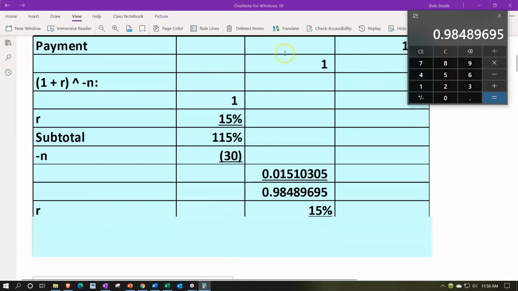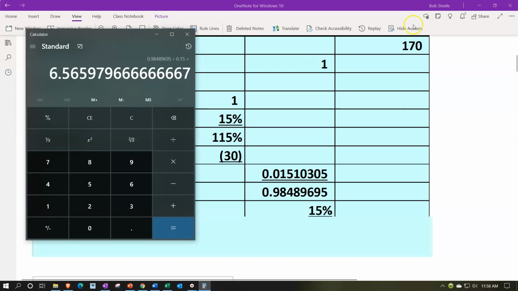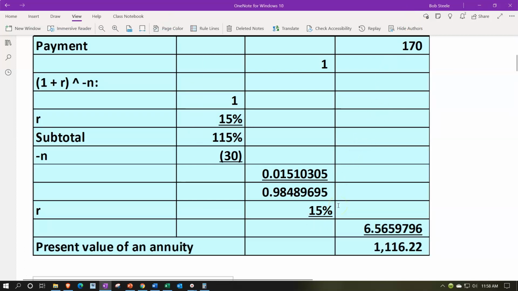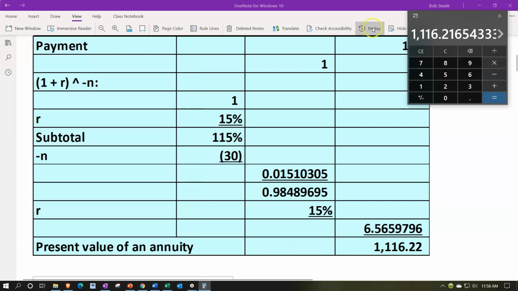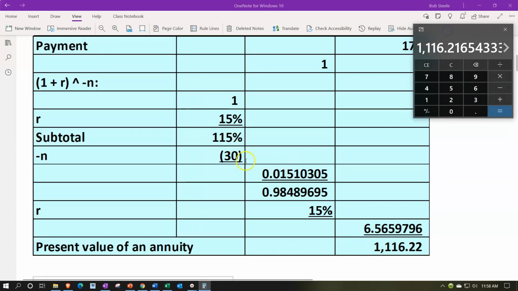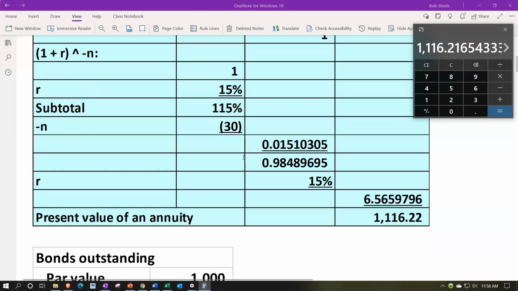Taking this divided by 0.15 or 15%, making my calculator a little bit larger so I can see the answer. And that then is going to be that 6.56597 and so on. Then we can take that and multiply it times the 170. That gives us our 1116.22. So that then is going to be the present value of the annuity.